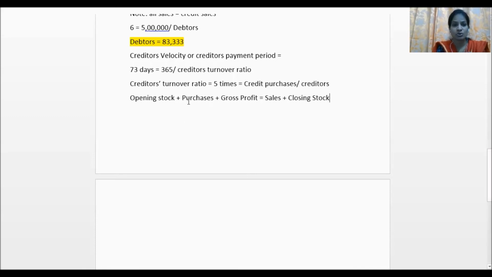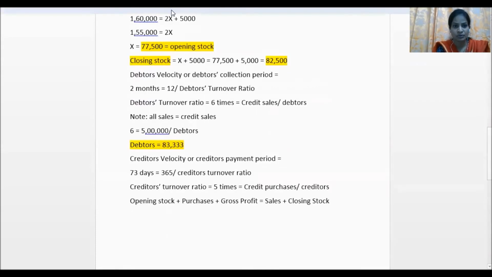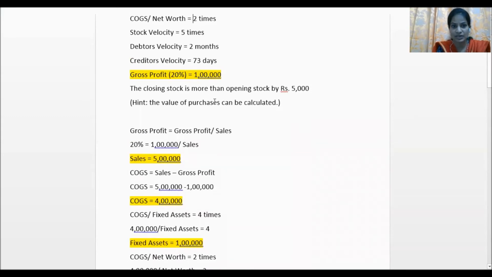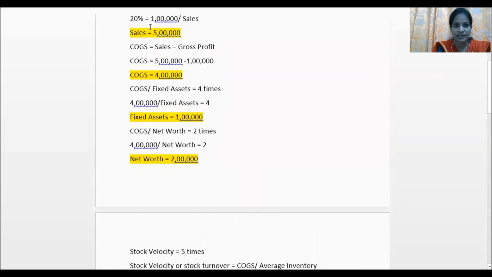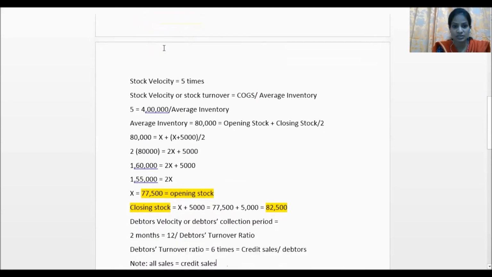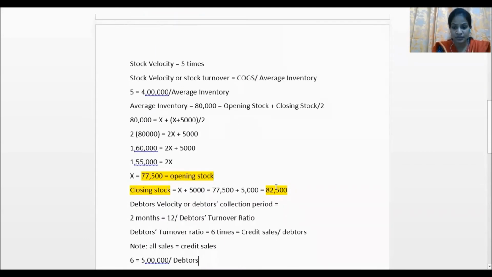We have almost all the amounts available, only purchases is not there, so you can easily find it from this equation. Opening stock is 77,500 plus purchases, which we do not know, plus gross profit, that is 1 lakh, equals sales 5 lakh and closing stock 82,500.